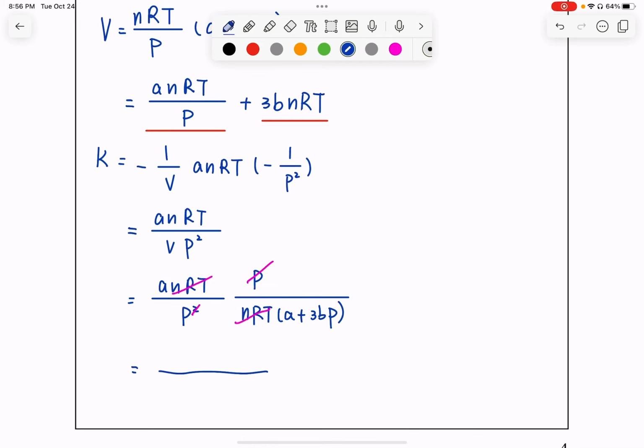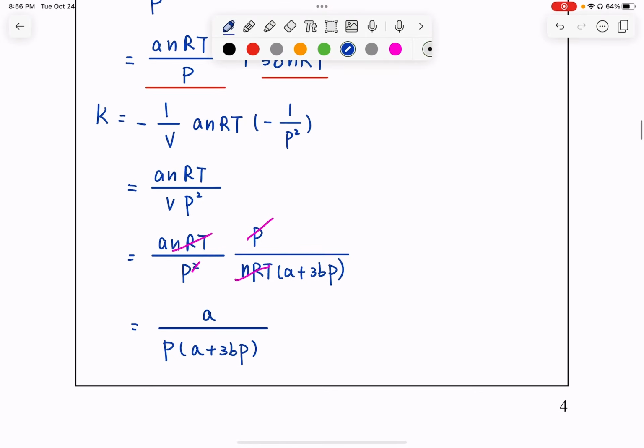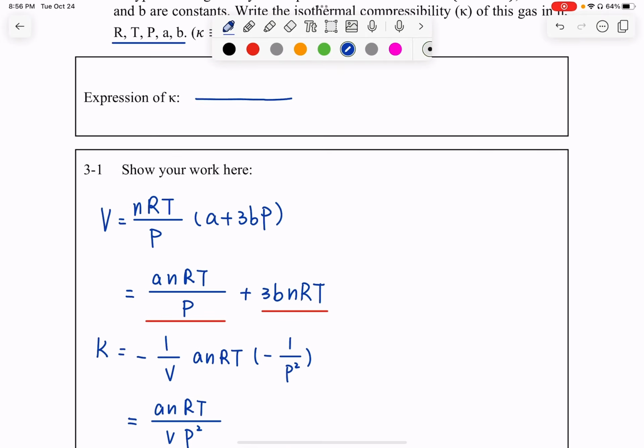We end up with an expression of P times (A plus 3BP). On top we have A. Let's write that expression on the top.